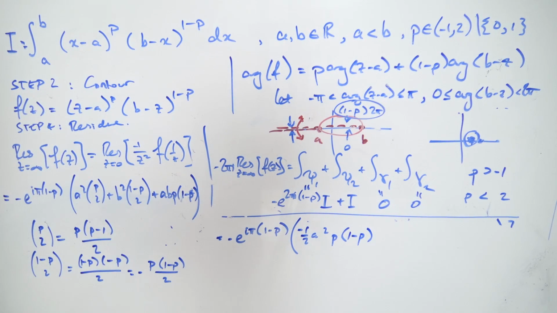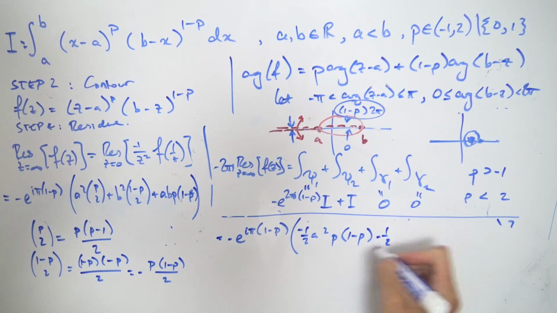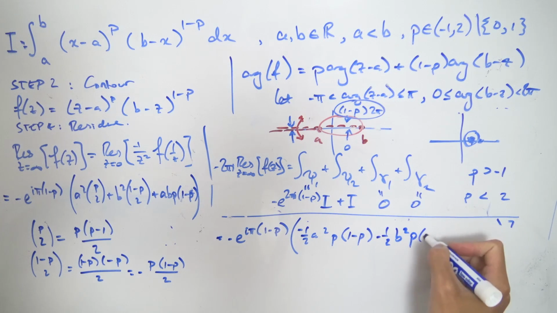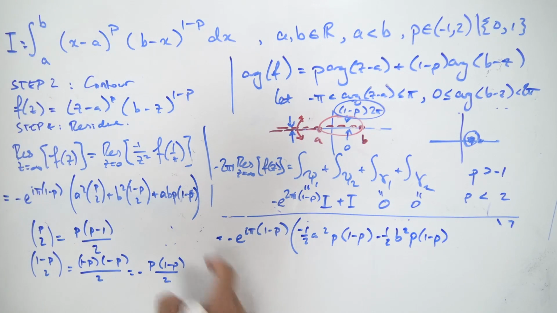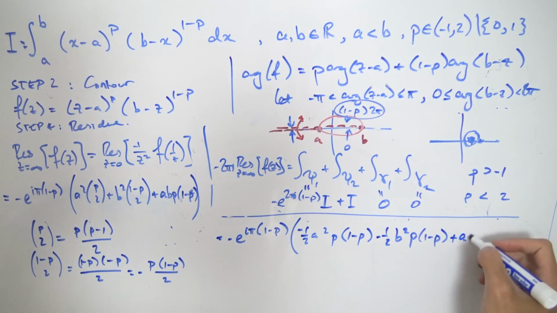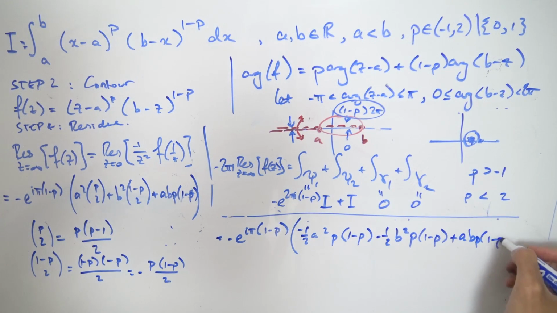And then 1 minus p choose 2. Well, we're going to have a negative here, so minus, and then also a half, and then we're going to have our b squared, and then we're going to have p and 1 minus p. And then finally we have ab p times 1 minus p, so we'll just keep that as it is. So ab p and then 1 minus p.